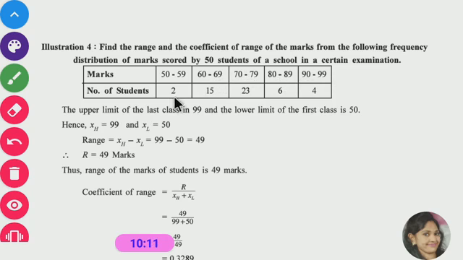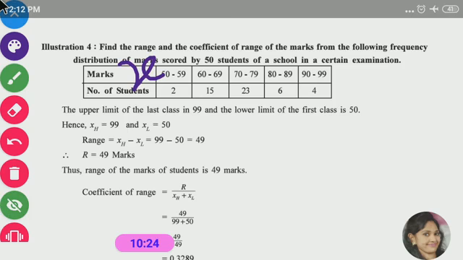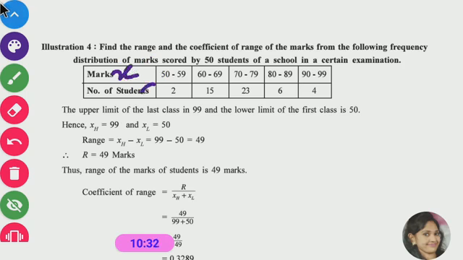Number of students 2, 15, 23, 6 and 4. This is actually the class column, and when we find the mid value it is called the X column, but here we need only the highest and lowest observation. So we can say this is the X column and this is the F column.